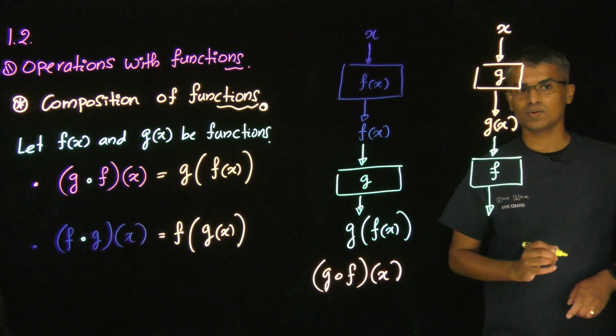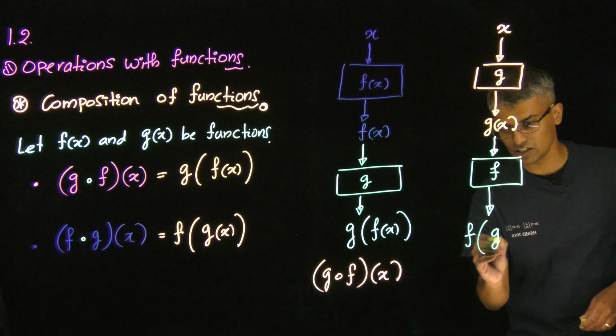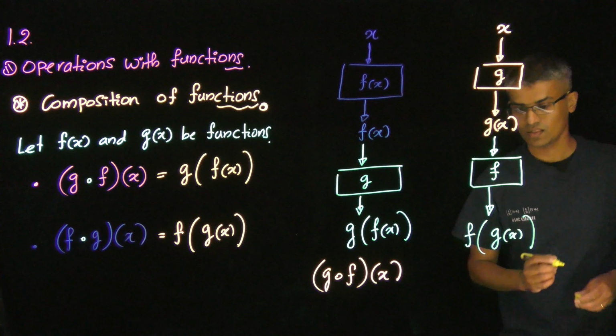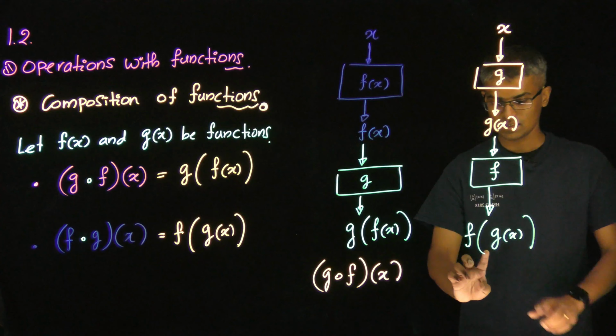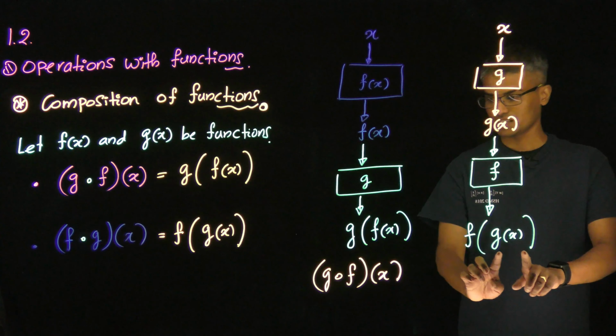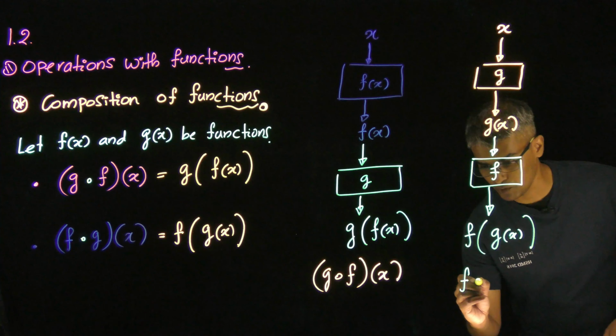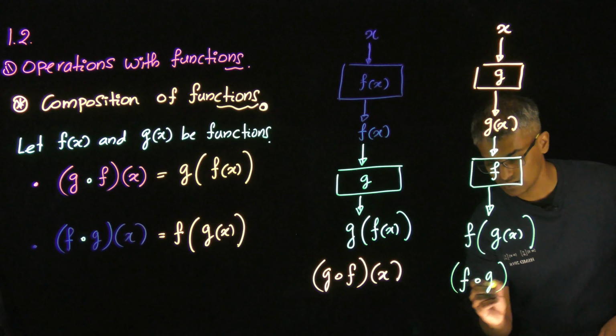Okay. Now your output should be f of g of x. So in this case your argument or the input should be g of x, and this is f composition g of x.